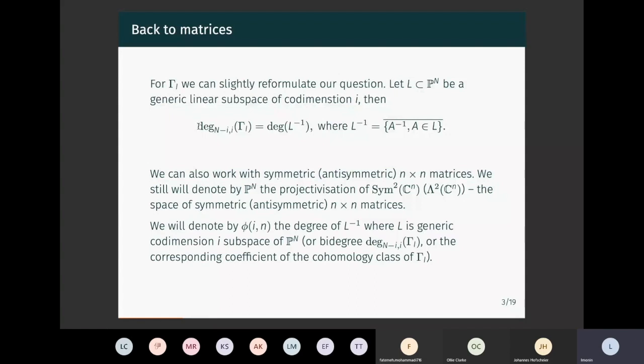Let me define the degree of L inverse, or the corresponding coefficient of the cohomology class of the graph, by this function phi of I, n. So I is the codimension of my space L, one of the indices of the bidegree, and n is the size of the n by n matrices. What we're going to discuss is how to compute this phi of I, n.